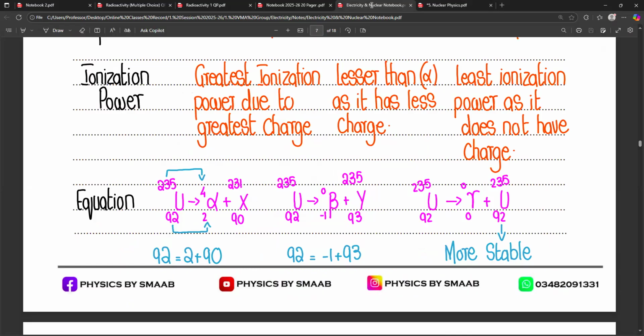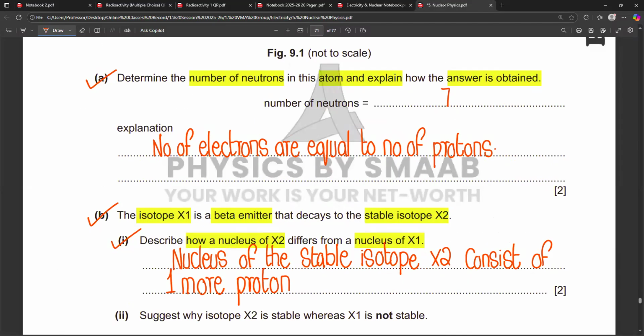So you have one more proton and the neutron numbers are the same. So this is the only difference, that the nucleus of the stable isotope X2 consists of one more proton than X1.